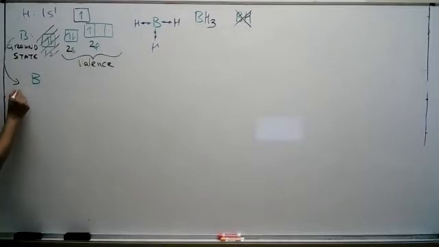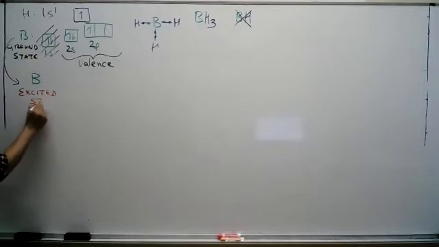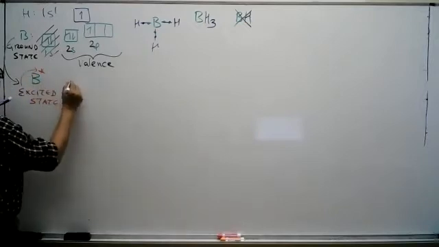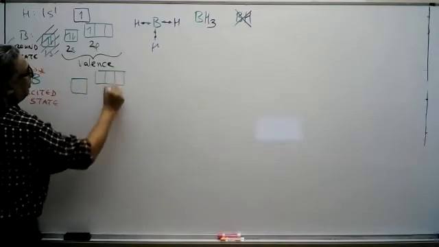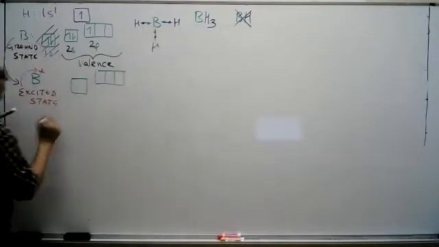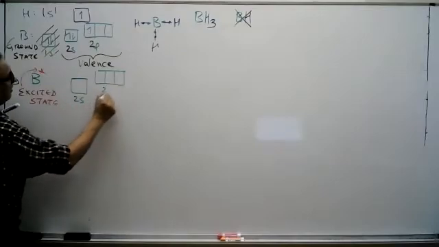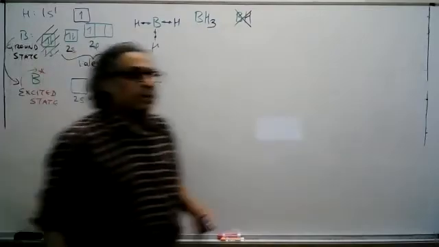When boron goes to the excited state, we put a star. Star means excited state. When boron goes to the excited state, what happens is something happens. In order to make 3 unpaired electrons, this is 2s and this is 2p, something happens. What happens?